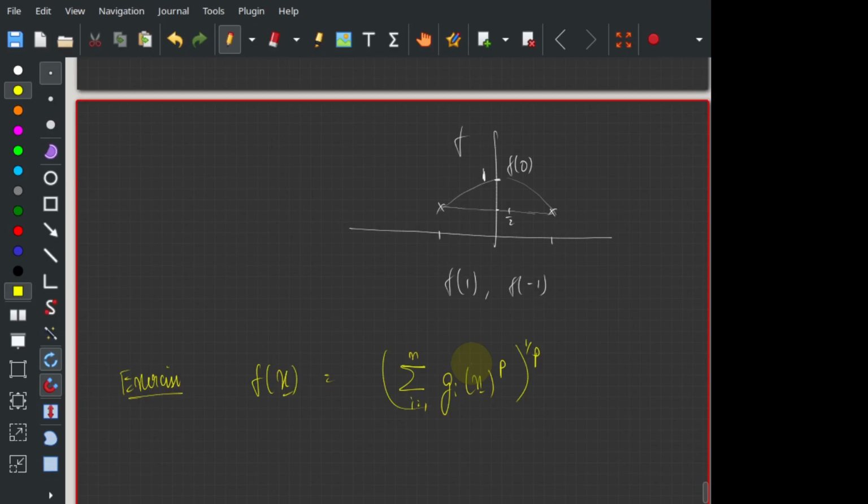Or even as a special case, the sum over 1 to n of x_i to the power p, for all p.